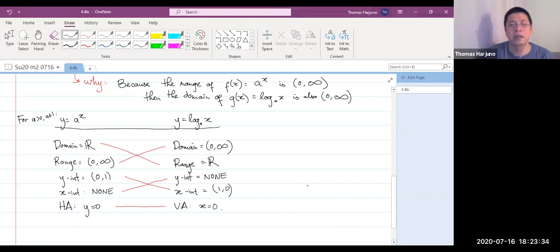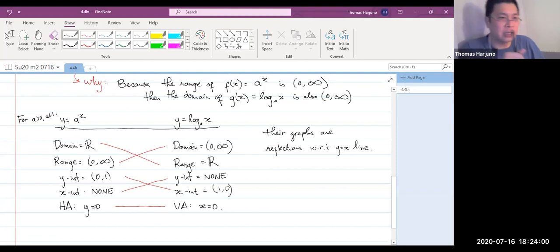Basically their graphs are reflections with respect to the y equals x line. Okay, but we'll go into that detail later on.